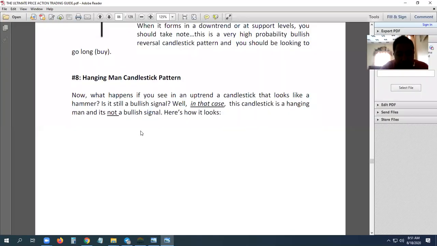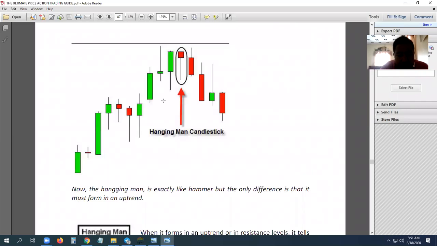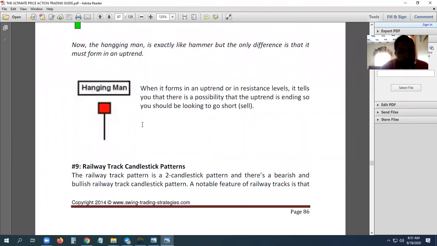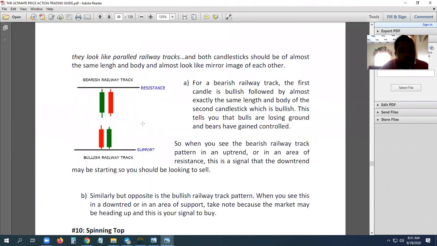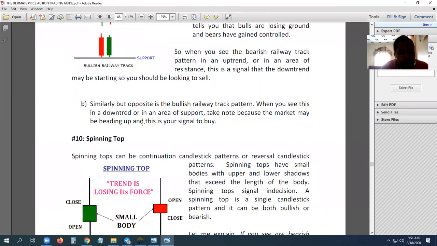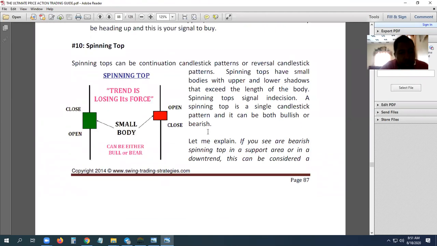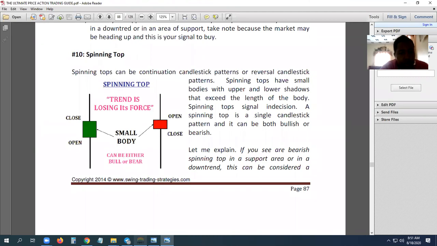Hanging man, we have covered that. Spinning top and spinning bottom. Now, a spinning top or a spinning bottom would look like this. This is a spinning top if you find it in an uptrend.